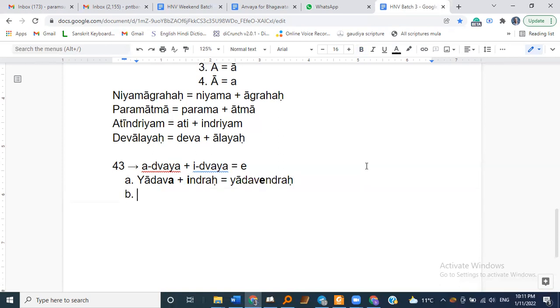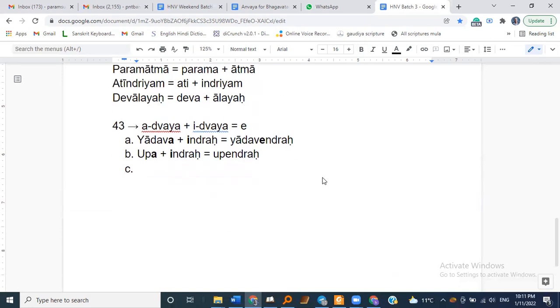Yes, any other example? Upendra. Okay, so Upa Yukta Indraha. Again, one of the Advayas followed by Idvaya. So we get Upendraha. Yes, Parameshwara.